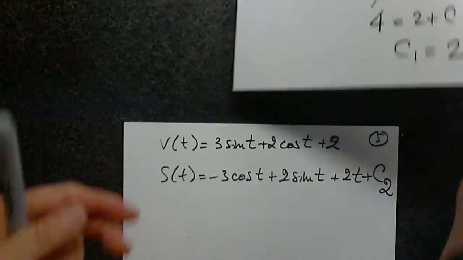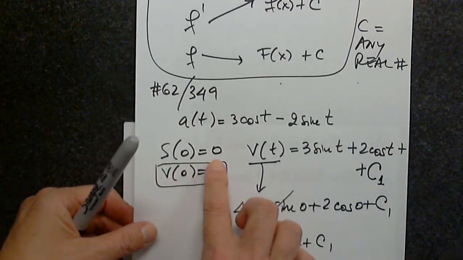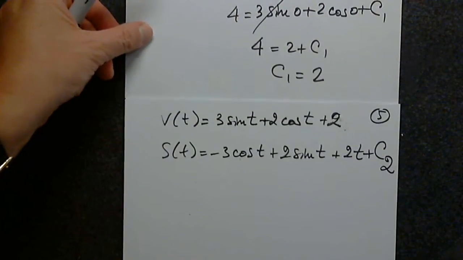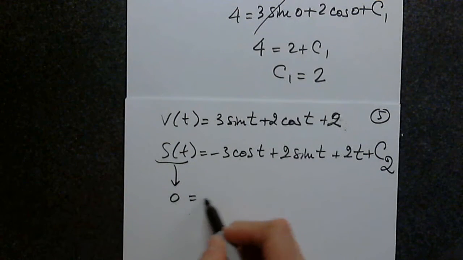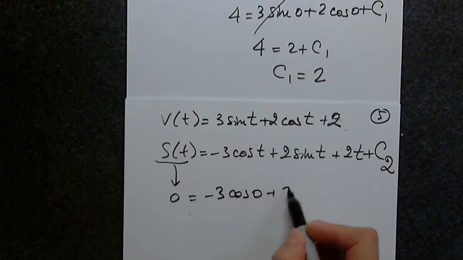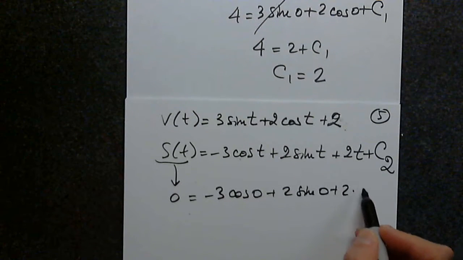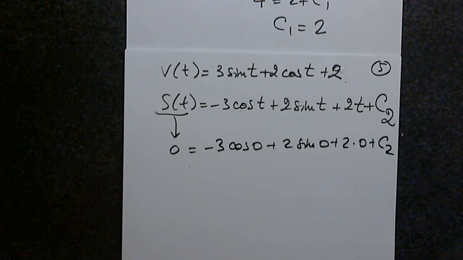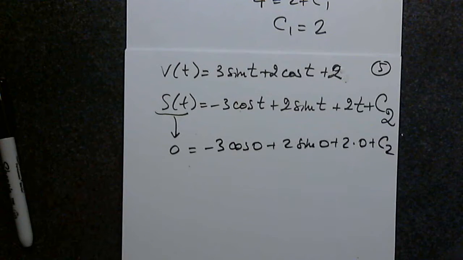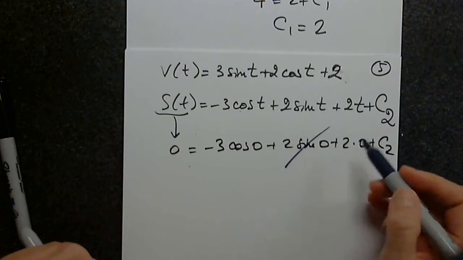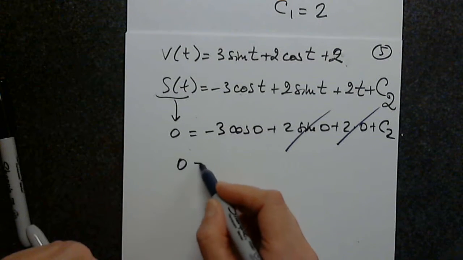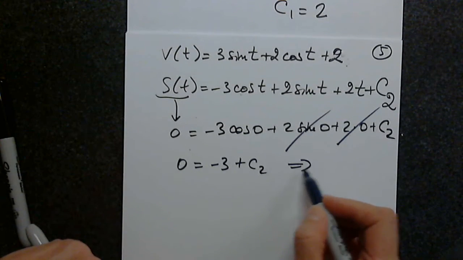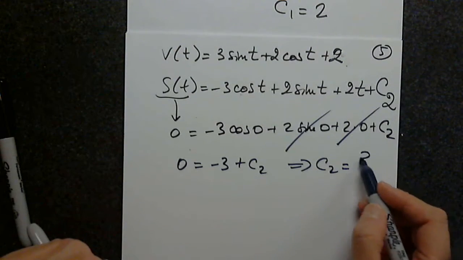I do have a piece of information that says S of 0 equals 0. Why is this given to us? To find C2. So then this is 0 equals negative 3 cosine 0 plus 2 sine 0 plus 2 times 0 plus C2. Sine 0, 2 times 0, cosine 0. So 0 equals negative 3 plus C2, which makes C2 equal 3.